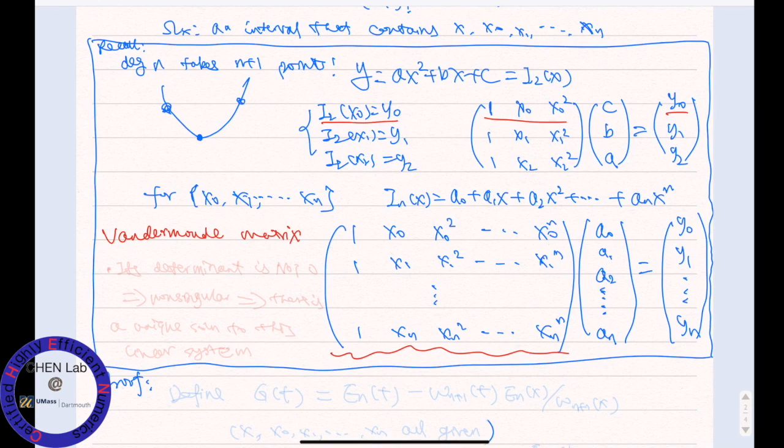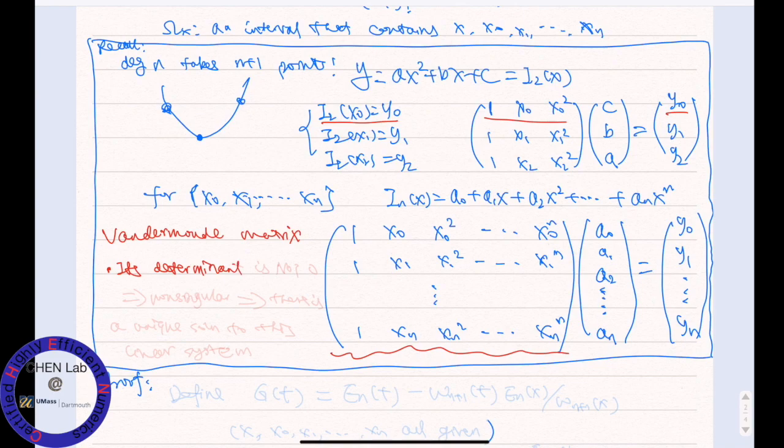A second approach to prove the existence and uniqueness of the interpolating polynomial is that you look at this system and you convince yourself, again, that's a classical result, that this linear system has a unique solution, which means the matrix is non-singular. One way to show a matrix is non-singular is to calculate its so-called determinant. What condition must the determinant satisfy for it to be non-singular? Non-zero, exactly.